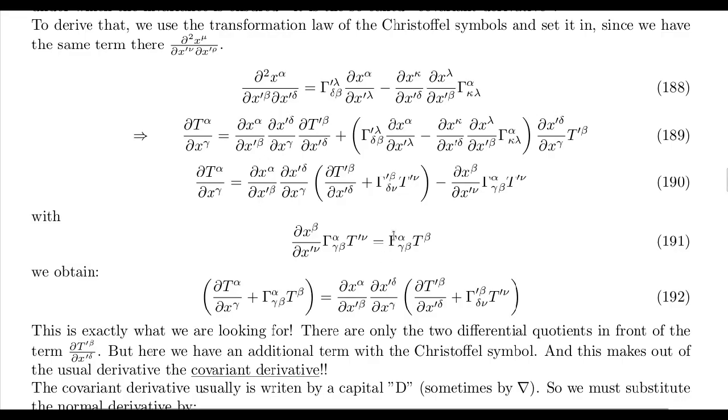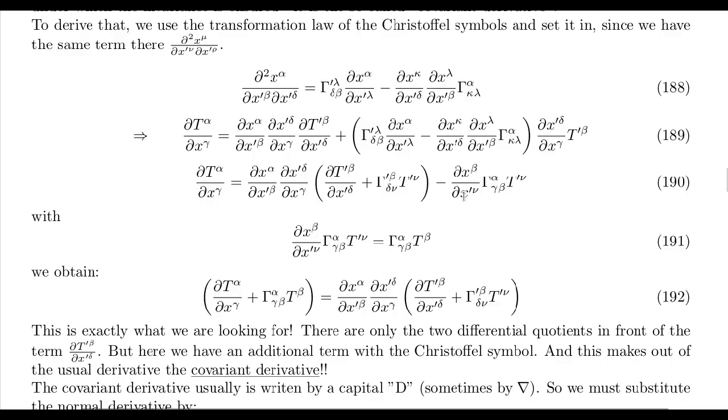And so together with that Christoffel symbol here, we have the same differential quotient, and so we can factor out the two differential quotients, and then we have in the new parenthesis here this sum.